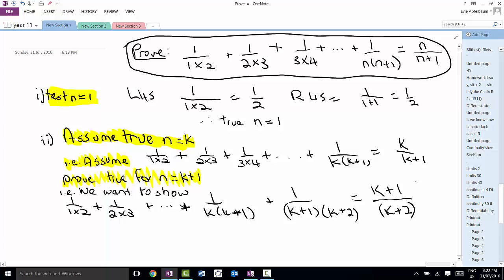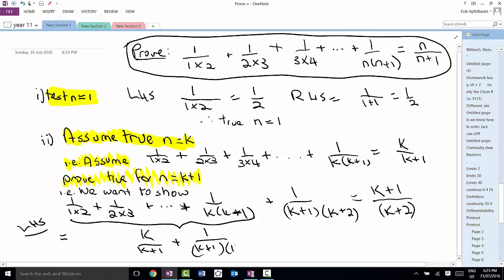Okay, same as the last time. We can use the above assumption. So the left-hand side here is going to be equal to, up to here, k over k plus 1 plus 1 over k plus 1 times k plus 2.